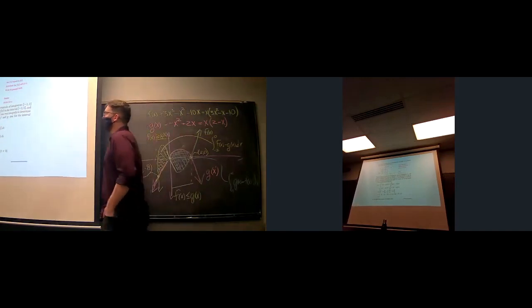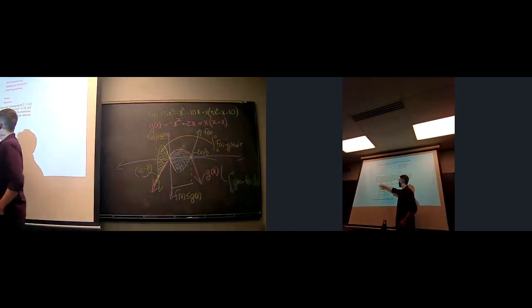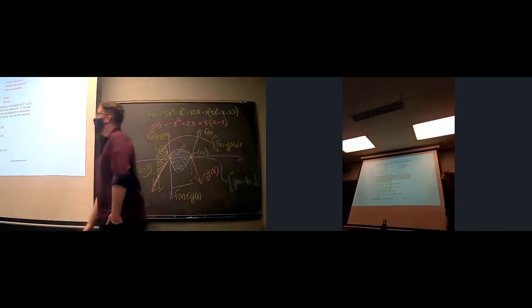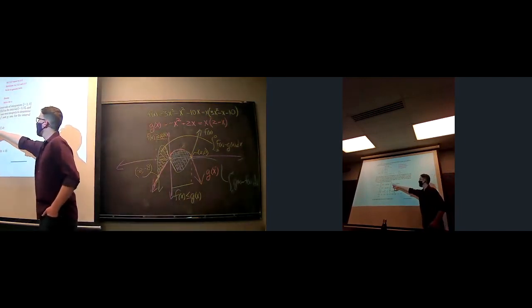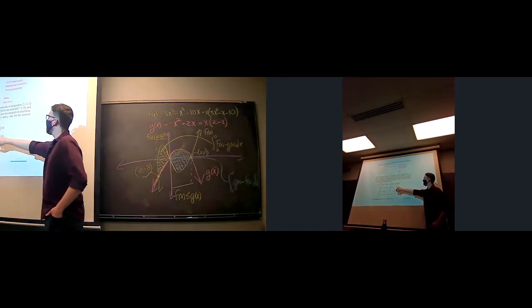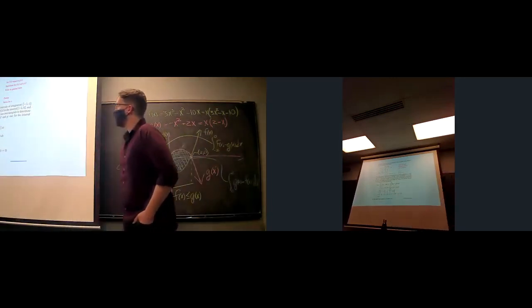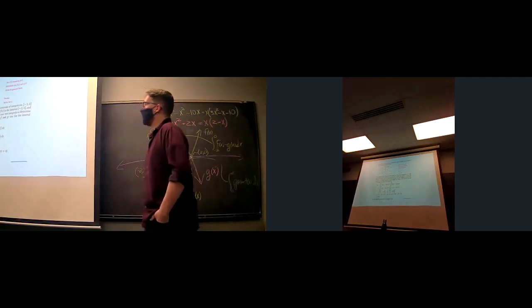So the area is going to be the integration from -1 to 0 of f of x minus g of x, integrated with respect to x, plus the integral from 0 to 2 of g of x minus f of x, integrated with respect to x. From there, we're just going to do the algebra and the calculus, right? We're going to substitute our functions back in, reduce everything nicely, massage the algebra.